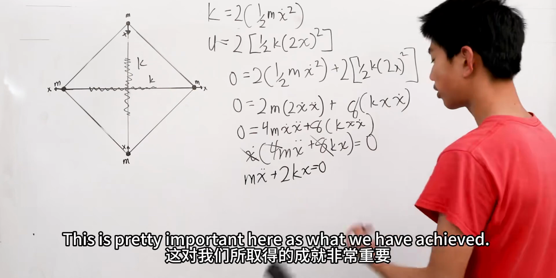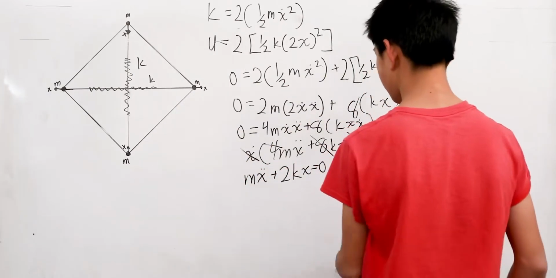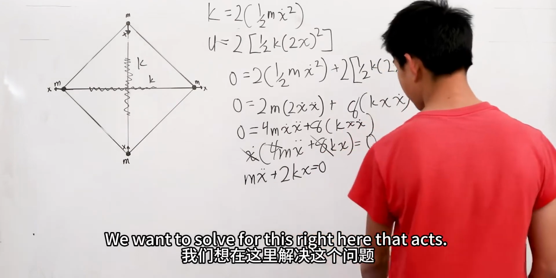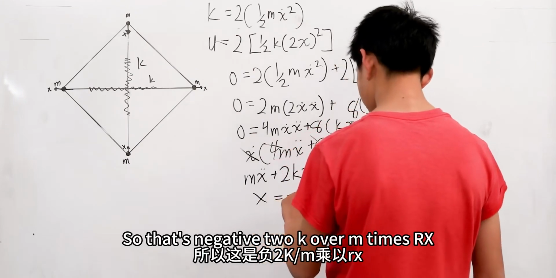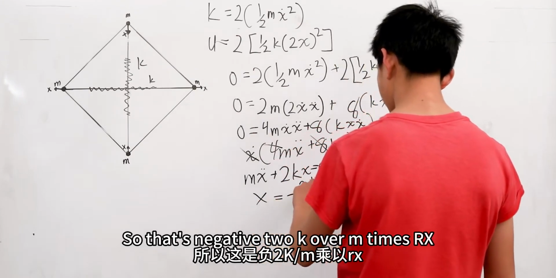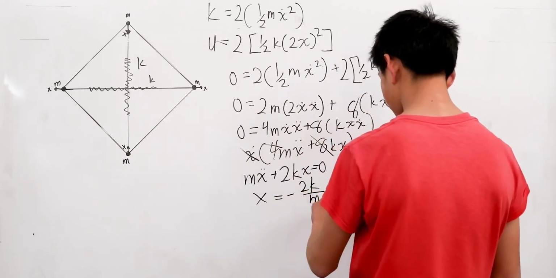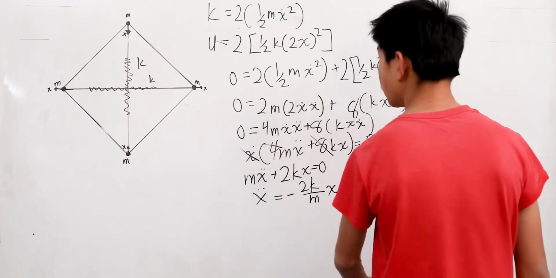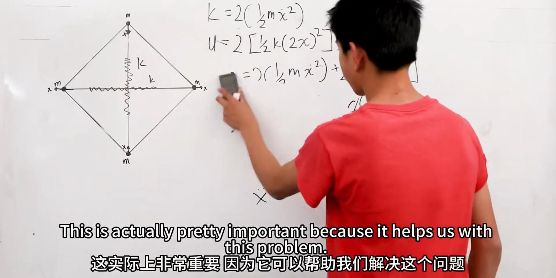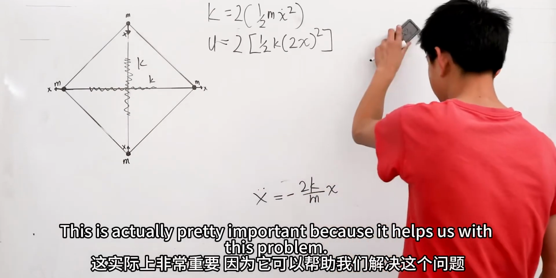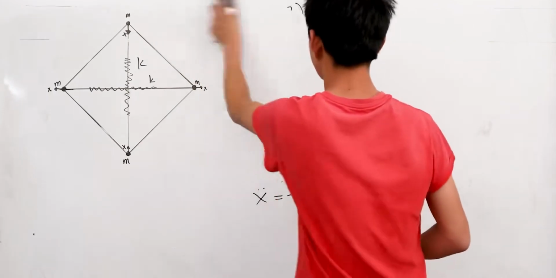And this is pretty important here, as what we have achieved. We want to solve for this right here, the x double dot. So that's negative 2k over m times our x. Don't forget that. And, well, this is actually pretty important because it helps us with this problem.